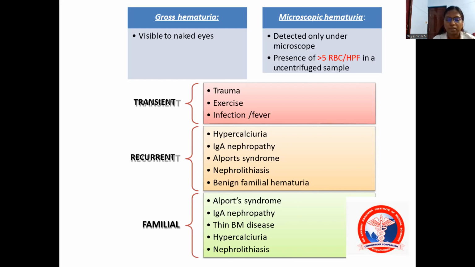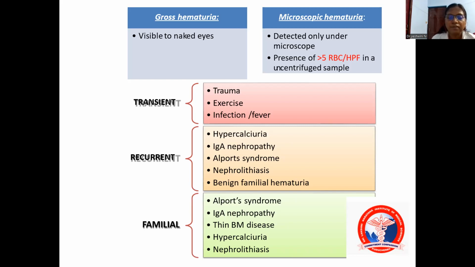Alport syndrome is a mutation in type 4 collagen, the alpha 5 chain of type 4 collagen, leading to glomerular injury and nephropathy.